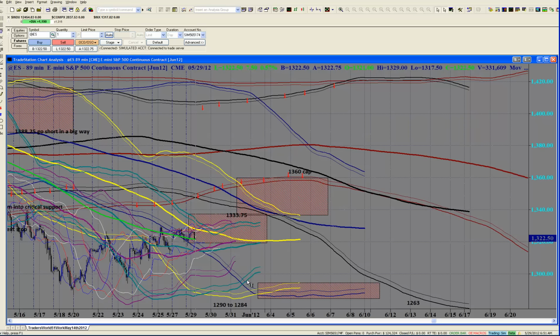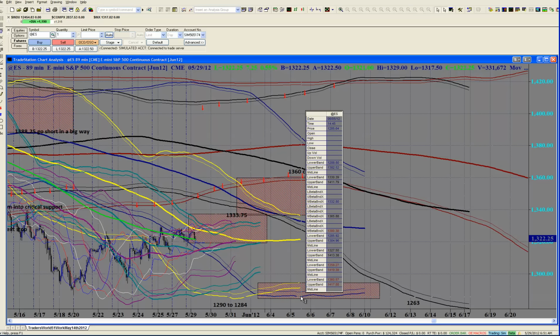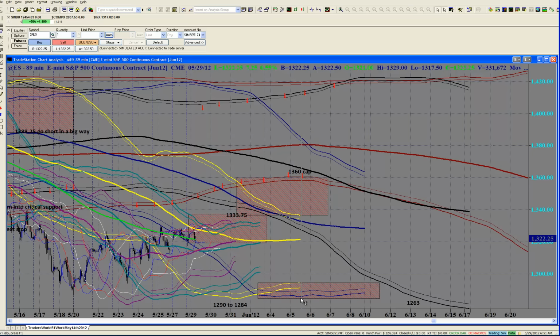So it becomes critical that if we do end up breaking down and then bouncing back up, the next time we get underneath the lows, say the 1284 area, that could lead to a substantial sell-off and take us well below 1250 in the S&P in a very short period of time.